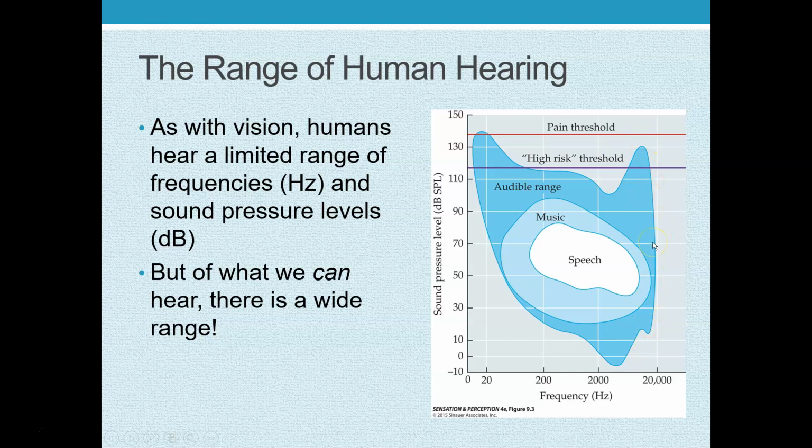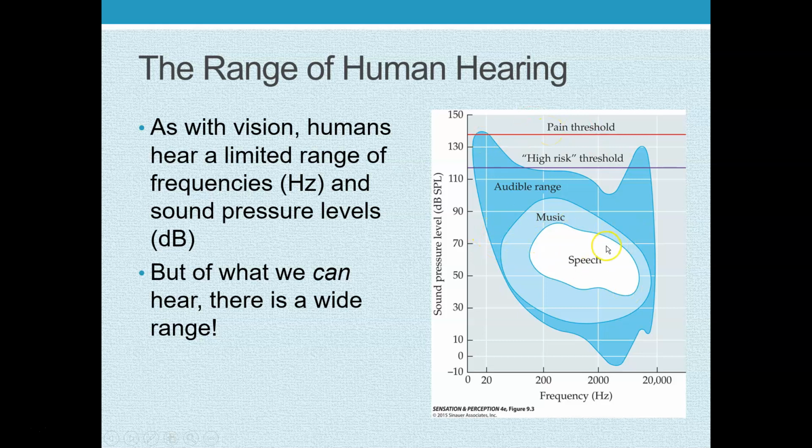We really can't hear anything higher than about 20,000 hertz or so. For our high risk threshold, that is a sound that is basically about 115 decibels. If we have about 135 to 140 decibels, that is actually going to produce pain.